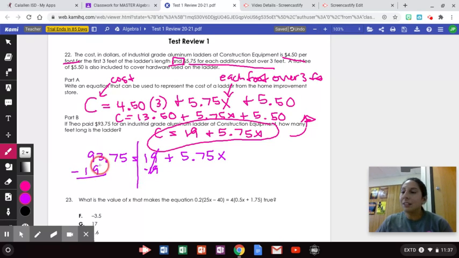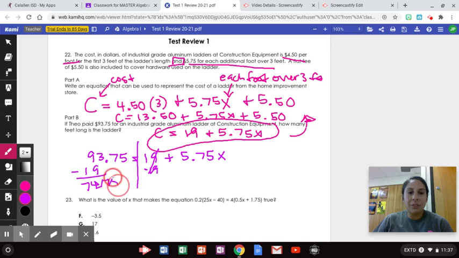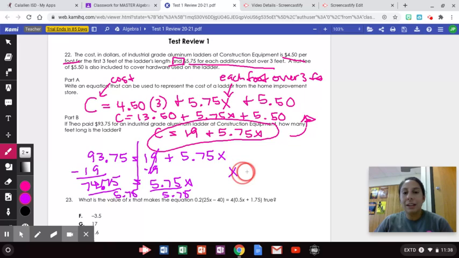By doing that, you end up with 74.75 equals 575x. Lastly, we divide by 575. So x is equal to 13.